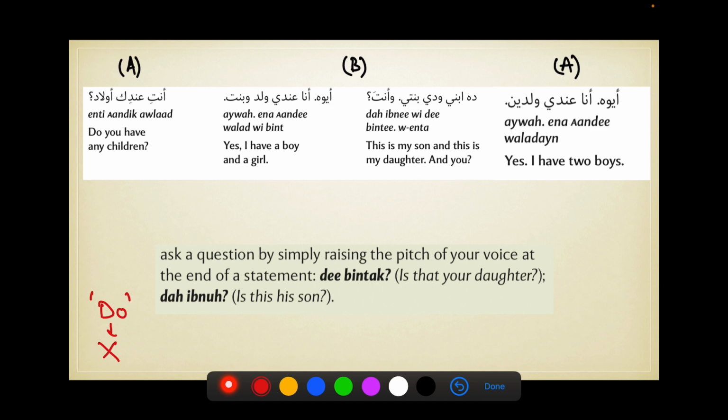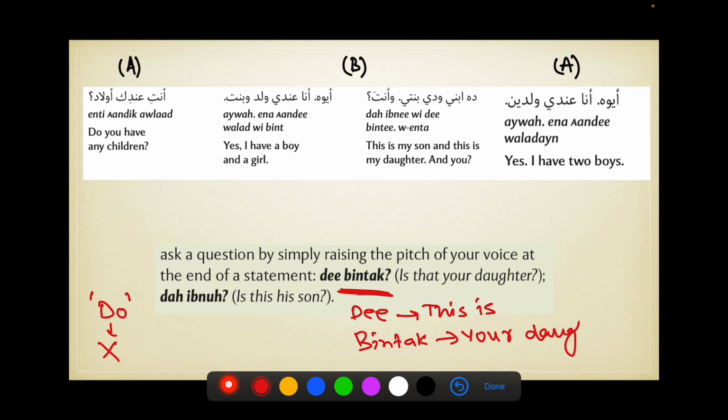For example, di bintak. Here, the "di" means this is, and bintak means your daughter. This may seem like a statement to you, that this is your daughter.